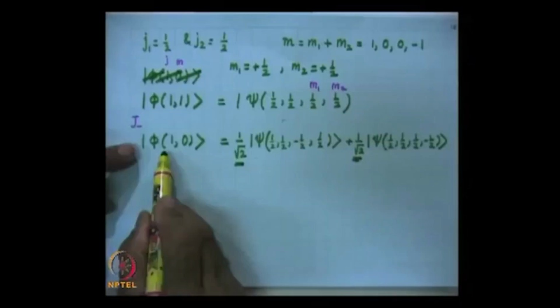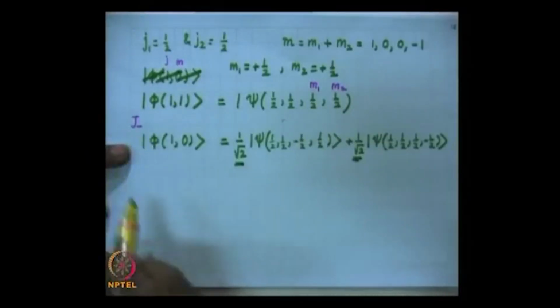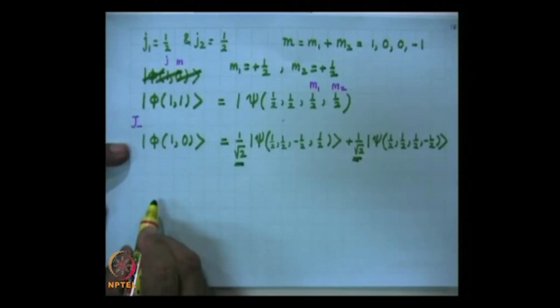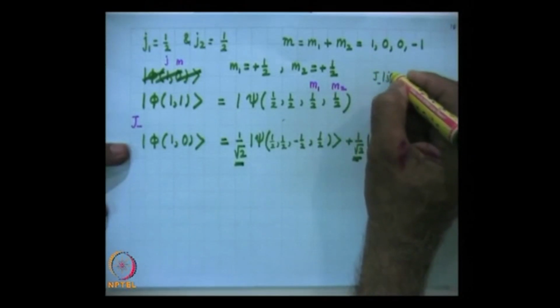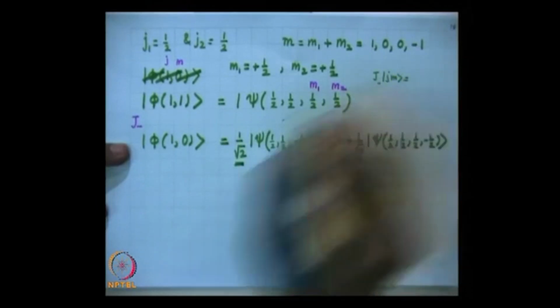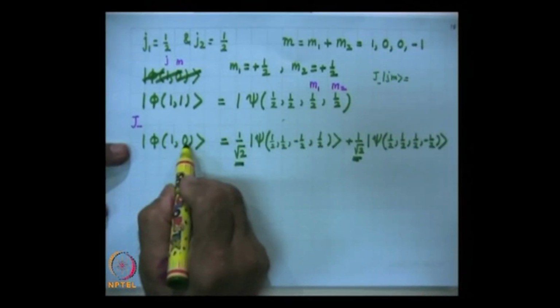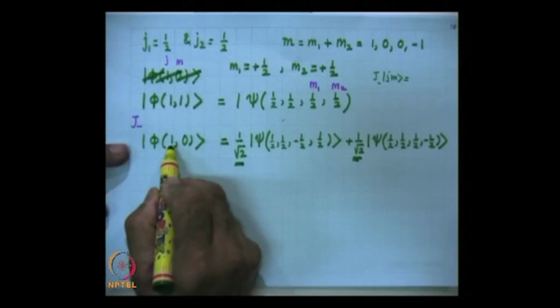Now, if I operate this again by J minus, as you may recall, J minus on ket J m will give the factor J plus m, that is 1 plus 0, and then you will have J minus m plus 1, that is under root of 2.